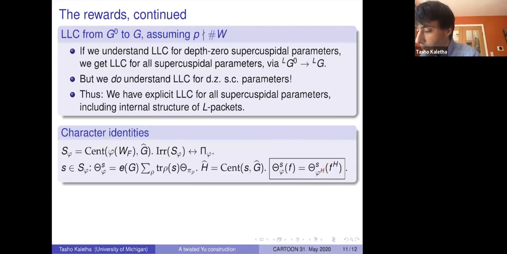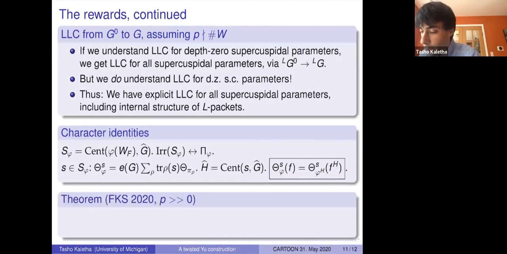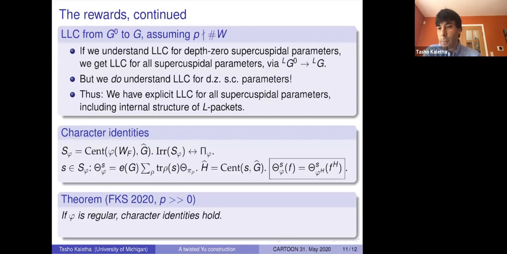I don't want to say any more details about this, but the application we get from the previous applications is that if you assume that p is sufficiently large so that you can use the exponential map, then if you have a regular supercuspidal parameter, these character identities do hold.